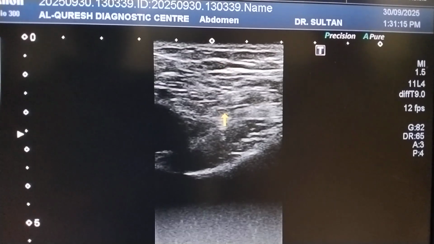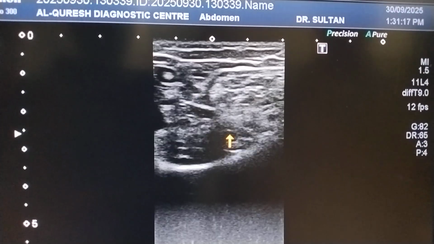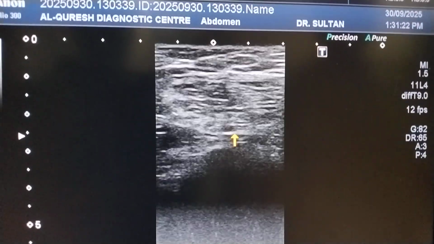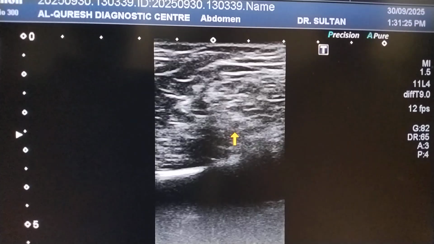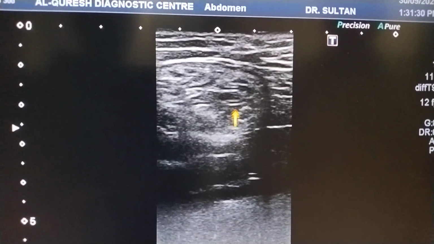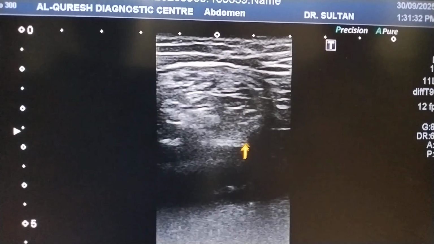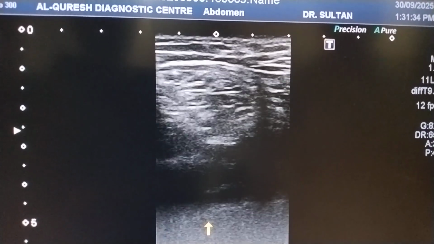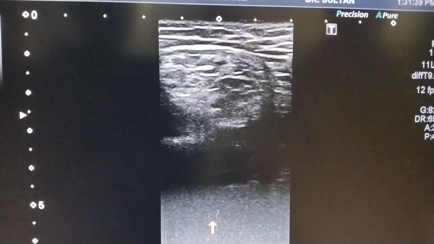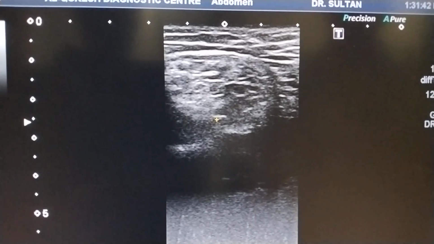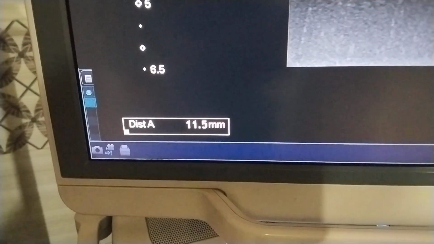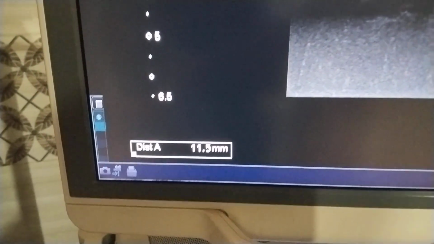This is the anterior wall, this is the posterior wall, and here is the defect through which this herniated segment has projected, and this is the area of the deep inguinal ring. Measurement is 11.5 millimeter.